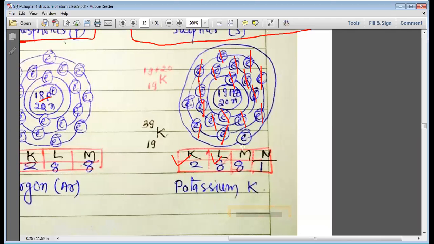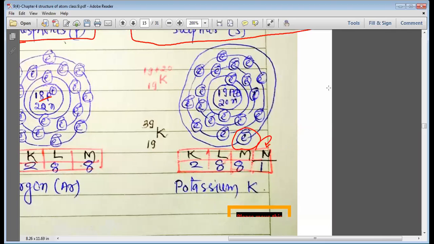So L shell has also been completed, M shell has also been completely filled, and that is why the atomic number is 19. So 2 plus 8, 10 plus 8, 18, but still one electron remains, and then this new electron goes into the new shell, and the new shell is your next shell after M, which we call an N shell.